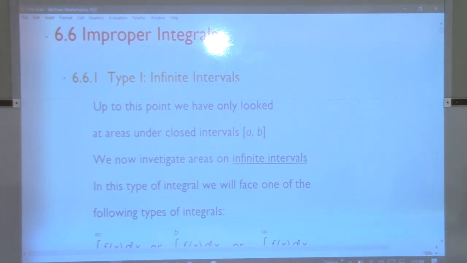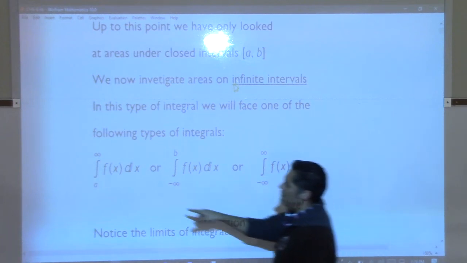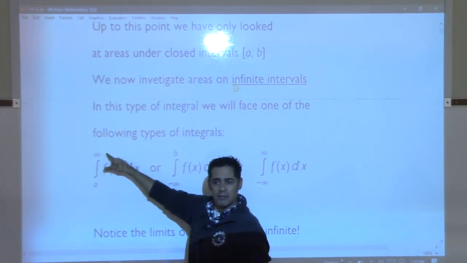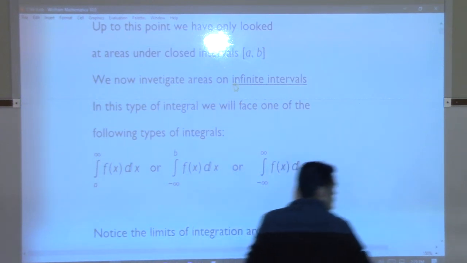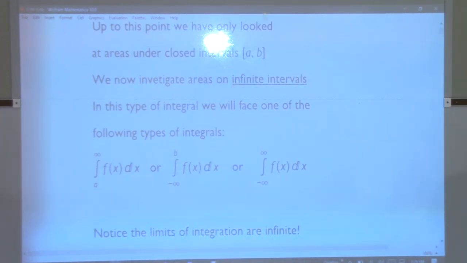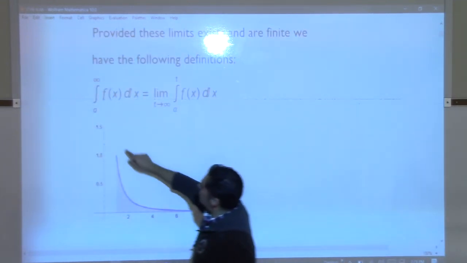So our integrals will look like this now. Our integrals are either going to go from A to infinity. Here's an example of an integral where you go from A to infinity.